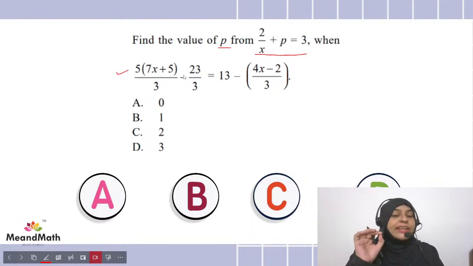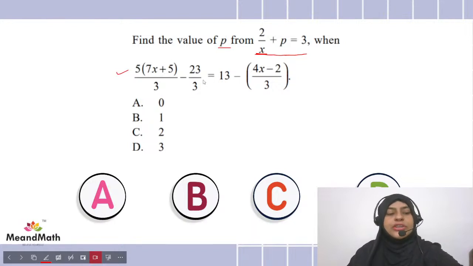Here you need to find the value of p, but to find the value of p, we need x. And from where are we getting x? We will get x from here. So try to solve this so that you can find the value of x, and then after finding the value of x, you can put it in to find the value of p. Okay, so try to solve it, all of you. I am waiting for your answers.